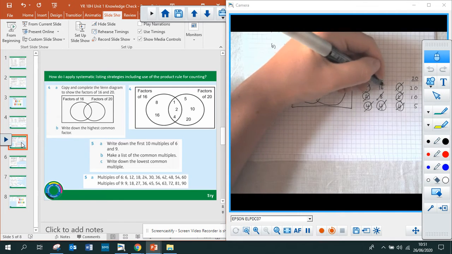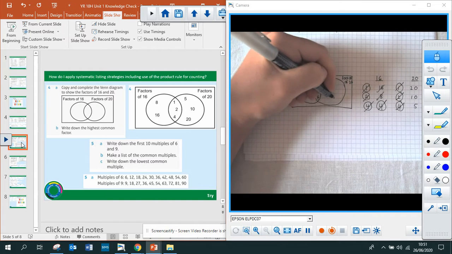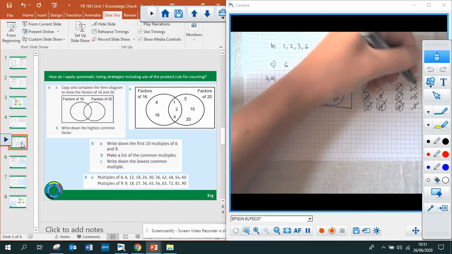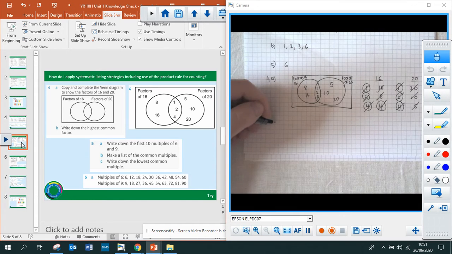So I've used those. And then the ones that are only factors of 20 are 5, 10, and 20. So I've used those as well. Okay? And then you're finished. Then part B has asked you to write down the highest common factor. So it's the highest number that's going to be in this overlap, and that's 4. Okay, so 4 is the highest common factor.